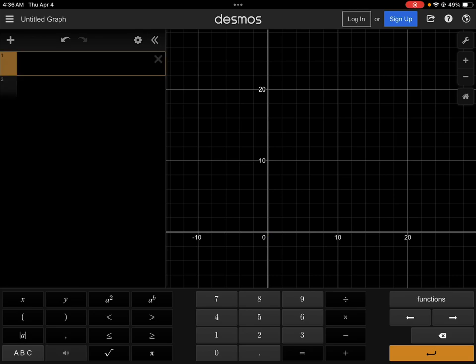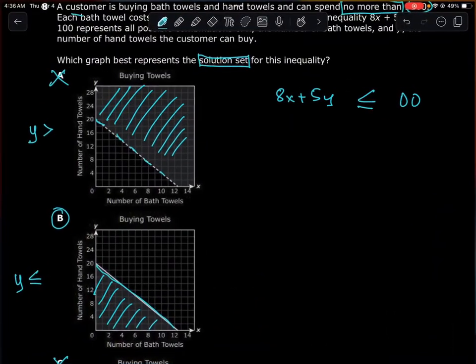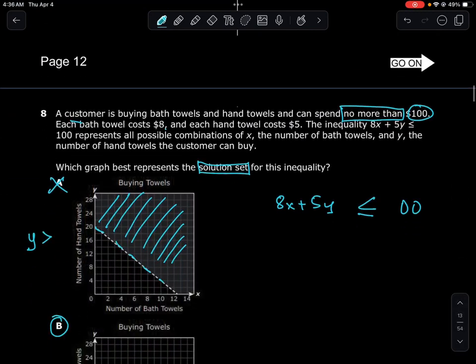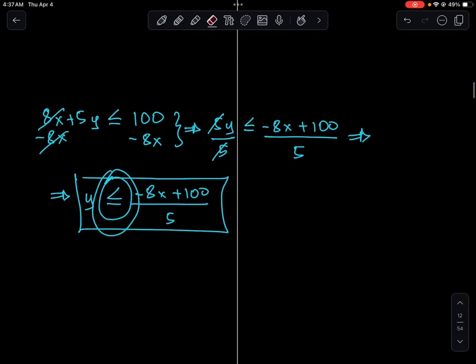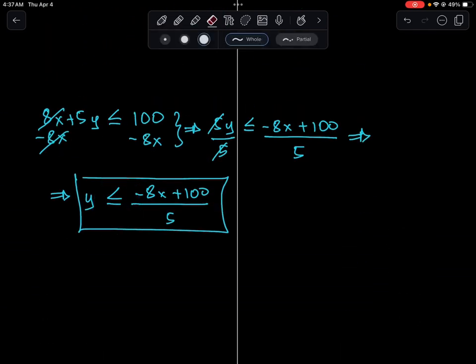Here, if I try to graph this one, it's not gonna graph it. My regular Desmos will, but the STAAR testing calculator is not gonna do it. But it will be able to graph this one.